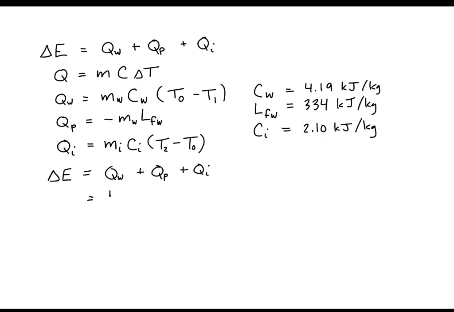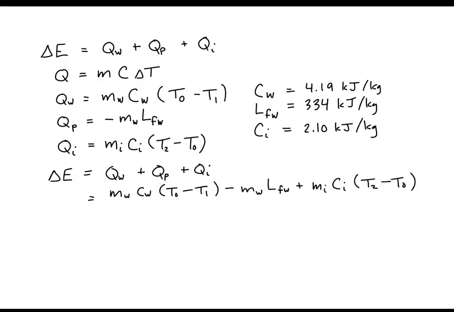This is mass of the water, specific heat of the water, times the temperature change of the water, minus the mass of the water, latent heat of fusion of the water, plus mass of the ice, specific heat of the ice, times the temperature change of the ice.